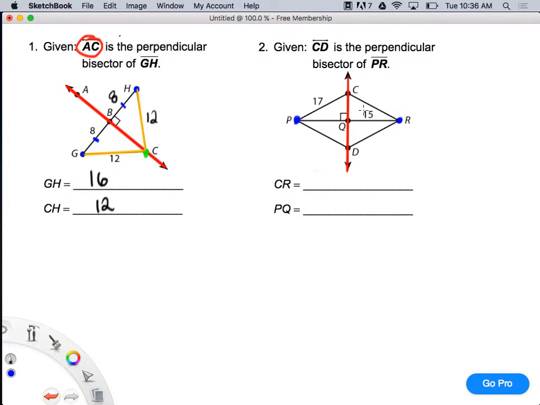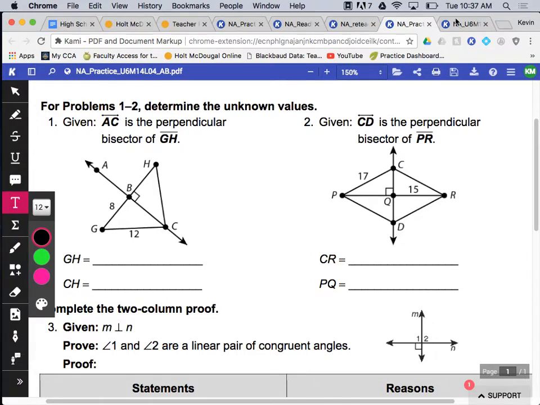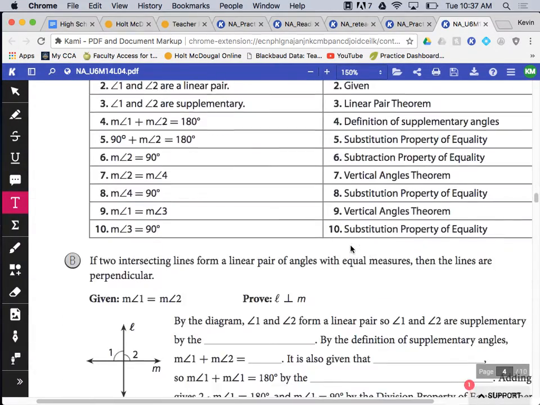So it's asking me for CR. Well, if PC is 17, then CR is 17. And here, this one is actually easier. QR is 15, then PQ is also 15. You see? It's pretty simple. Okay? All right. Any questions on that? No. Okay. Didn't think so.